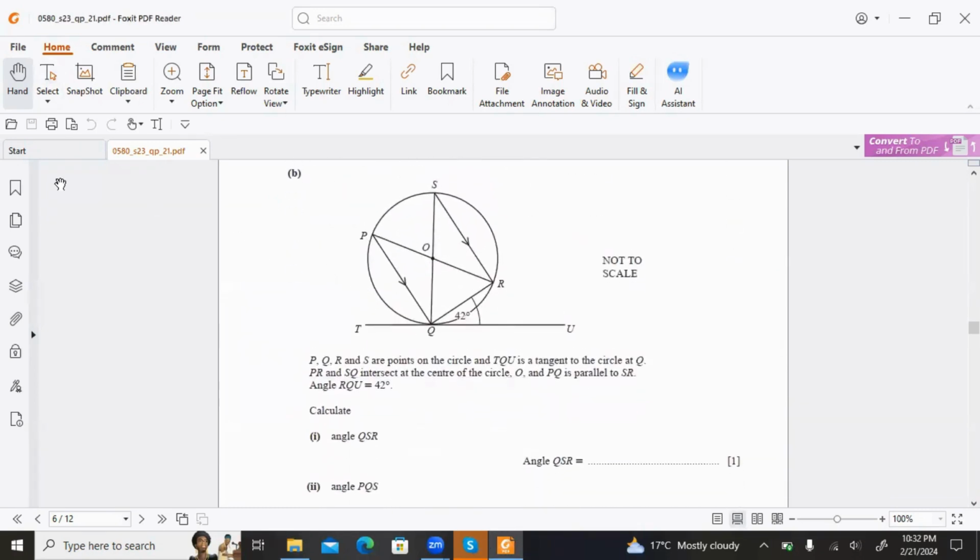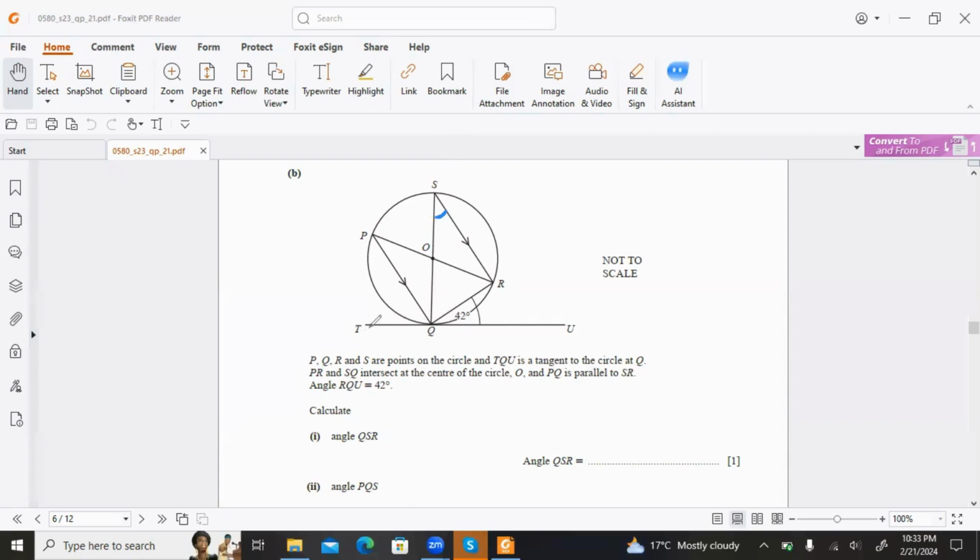Part B is saying that P, Q, R, and S are points on the circle, and T, Q, U is a tangent to the circle at Q. PR and SQ intersect at the center of the circle O, and PQ is parallel to SR. Calculate angle QSR. QSR is this triangle.